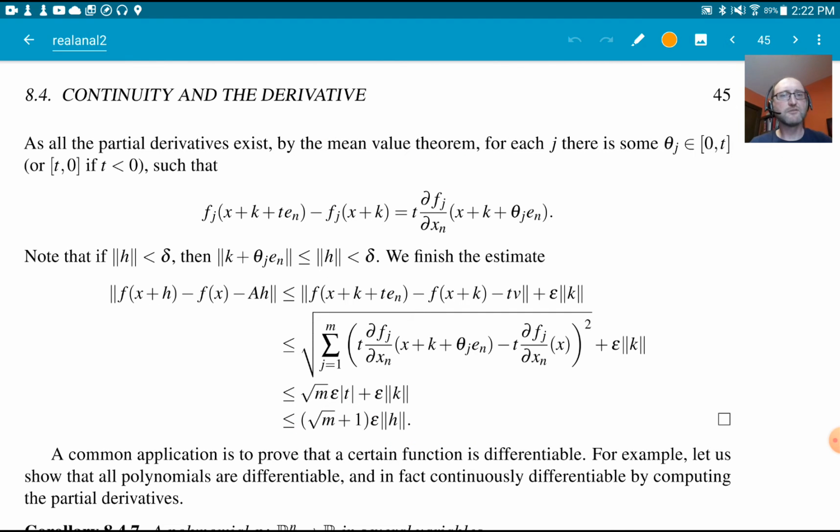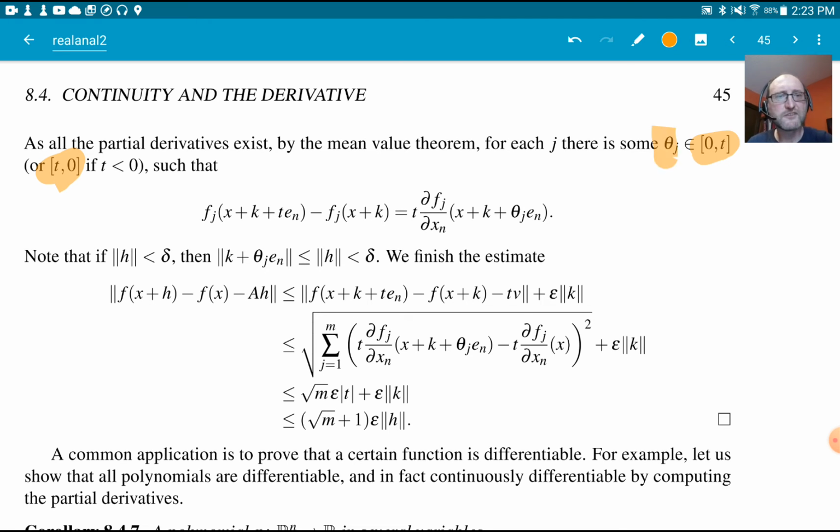Okay, now I'm going to use the mean value theorem. As some other variable moves between 0 and t, maybe not t itself, t is either less than or bigger than 0, I don't know exactly, but it's either the interval 0 to t or t to 0. As I'm moving in that interval, I apply the mean value theorem.